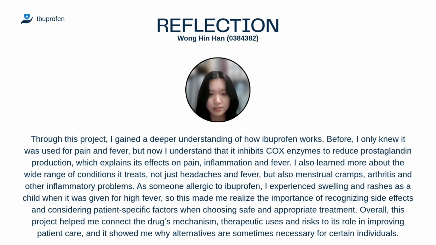As someone allergic to ibuprofen, I experienced swelling and rashes as a child when it was given for high fever. So this made me realize the importance of recognizing side effects and considering patient-specific factors when choosing safe and appropriate treatment. Overall, this assignment helped me connect the drug's mechanism, therapeutic uses, and risk to its role in improving patient care, and it showed me why alternatives are sometimes necessary for certain individuals.